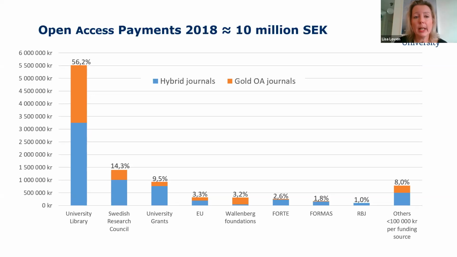And notable here is also that the university library covered more than half of the costs. The year before that, we covered about half as much, or 26%, because back then we mainly had the Springer Compact agreement that we have in Sweden. 2018, 56%.